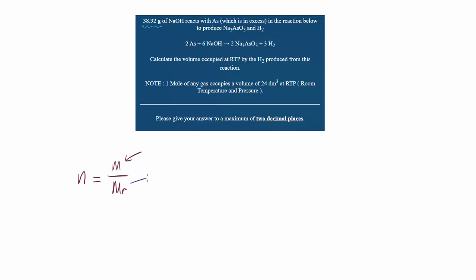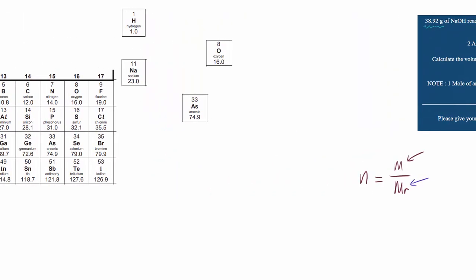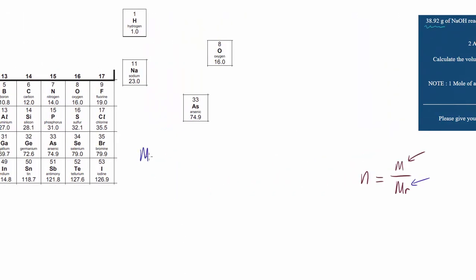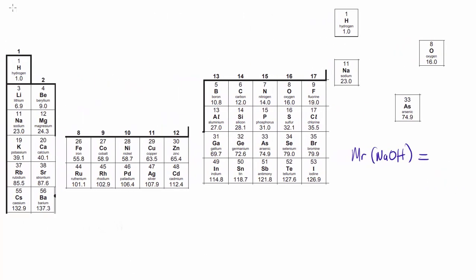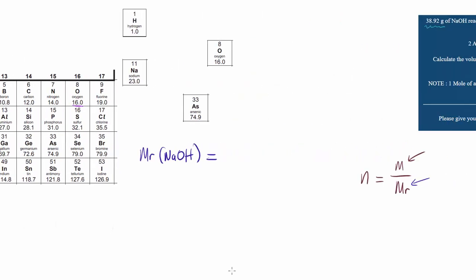So this is the molar mass of NaOH. So I'm just going to put Mr of NaOH is equal to, so we've got sodium, hydrogen, oxygen involved here, right? I've just got these here as well for convenience, but so that's going to be, for Na, it's going to be times 1, right?